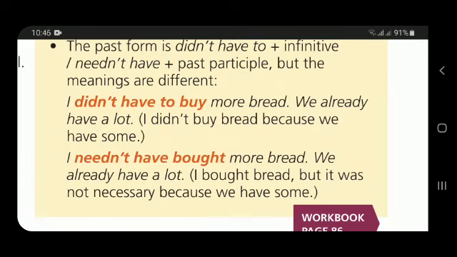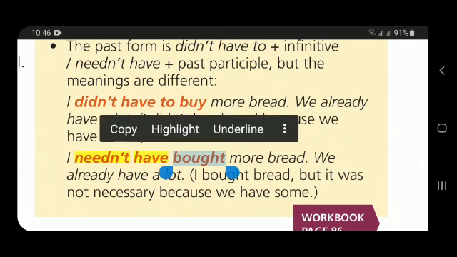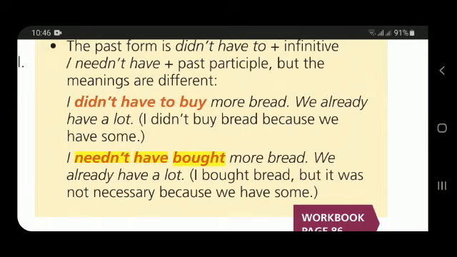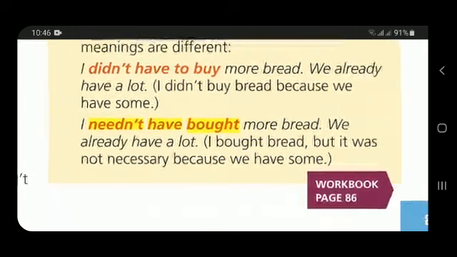So when we use needn't plus have plus past participle, it means that we already have a lot, but I bought more. I did the action, but in fact we didn't need it. Okay, it is not necessary because we have some.